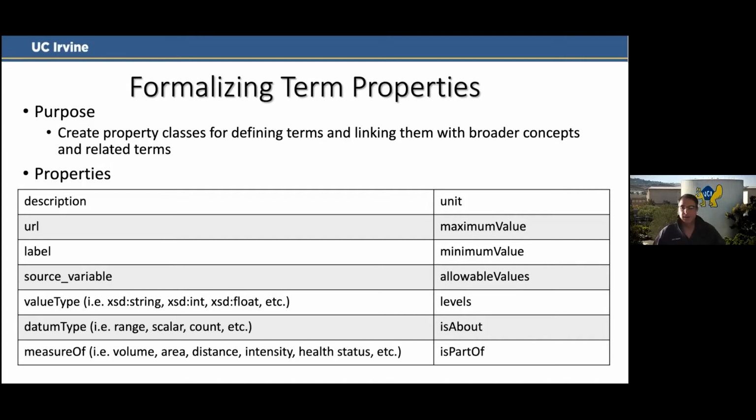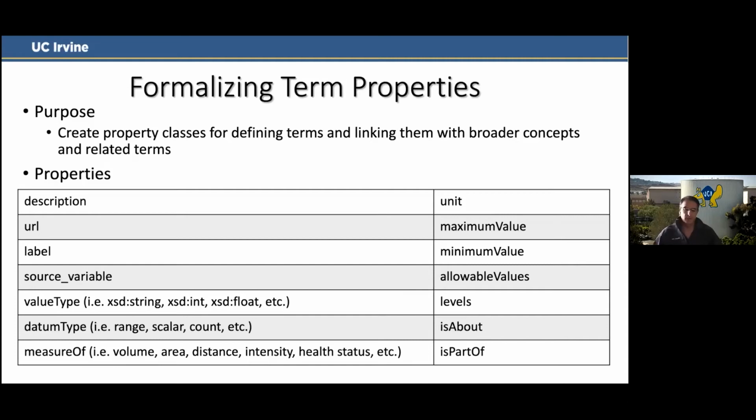Some of those I've said already: the maximum, minimum values, value type. Some people call that data type, but we went with value type. And then also to provide a property that allows you to relate specific uses of terms that you might find in our domain.